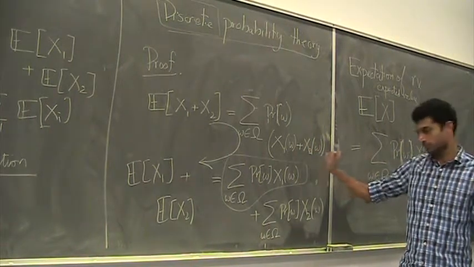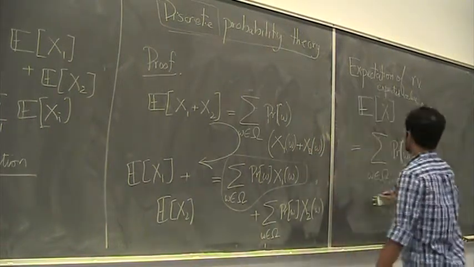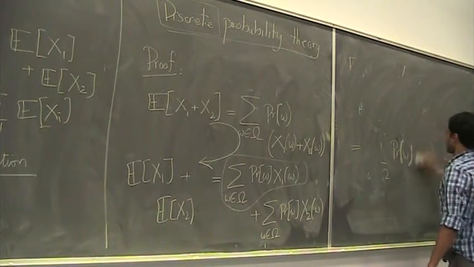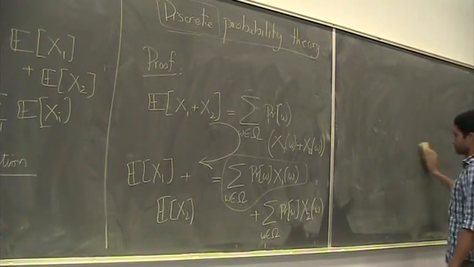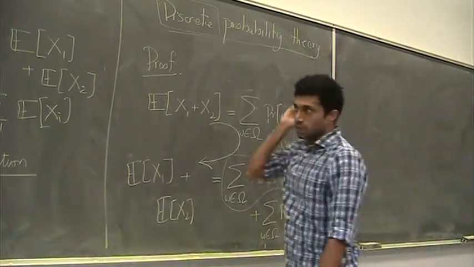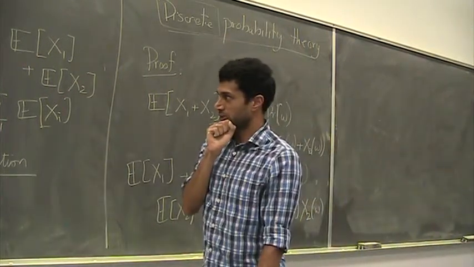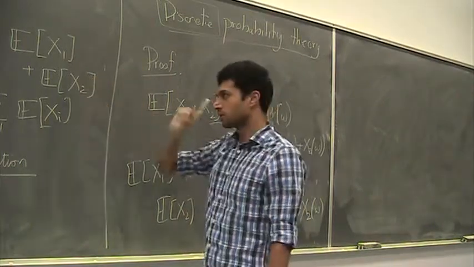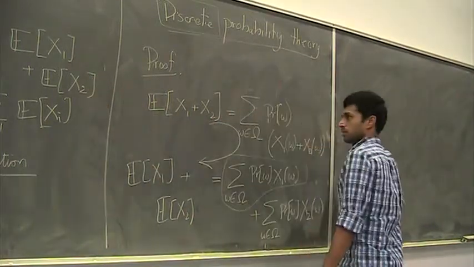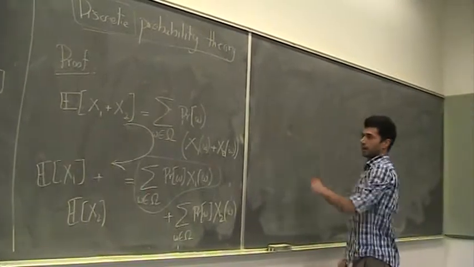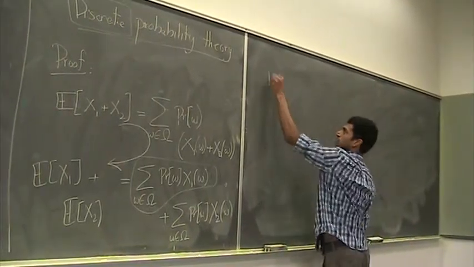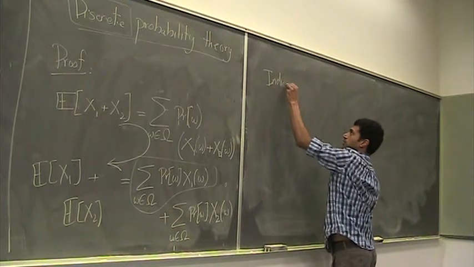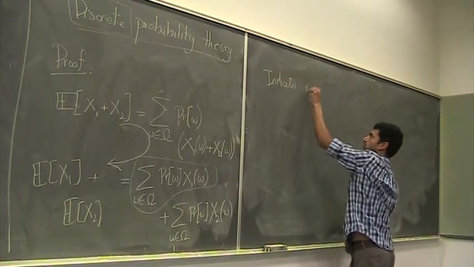Right? Okay. So now that we have linearity of expectation, there's one more thing that I need to say. And after that we will be all set to go. There's a special kind of random variable called an indicator random variable.